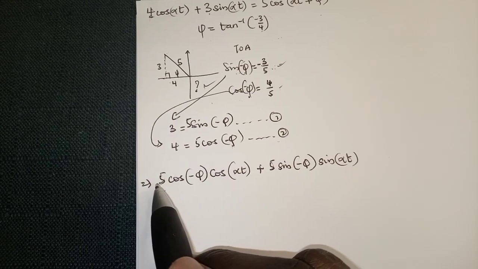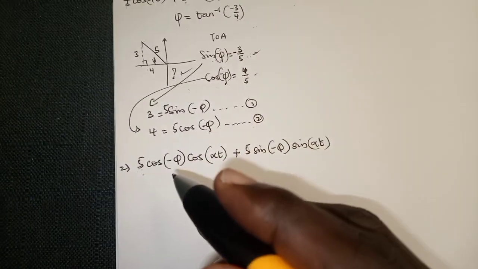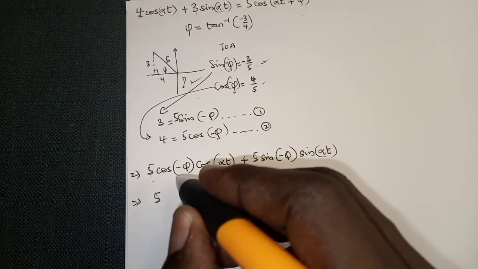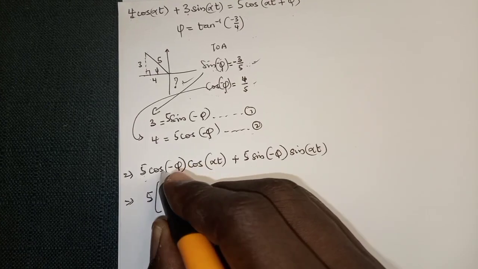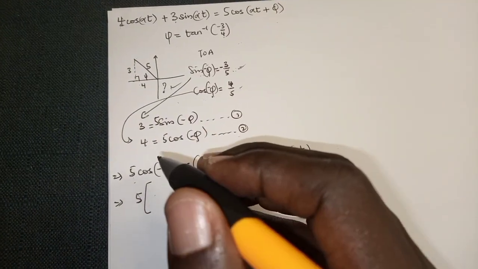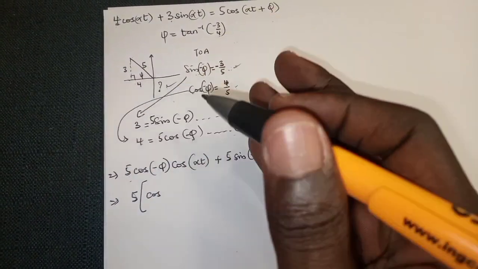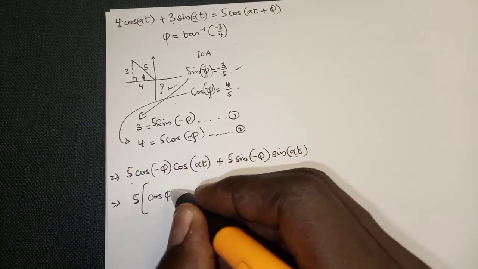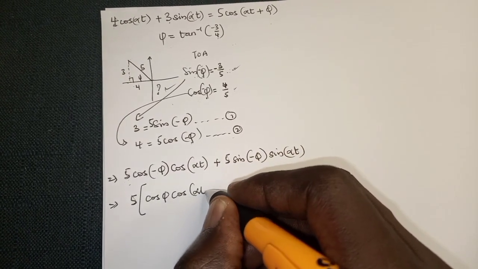Okay, so we can factorize this so that we can better simplify. So we take 5 out in a bigger bracket, then cos of a negative angle gives us a positive value, since cos is always even, so cos of phi, then cos of alpha t.